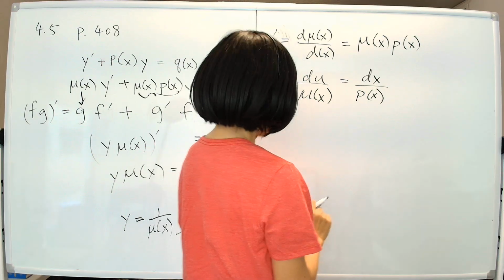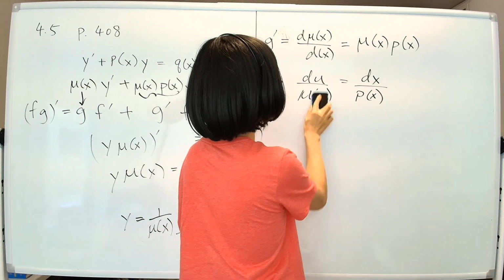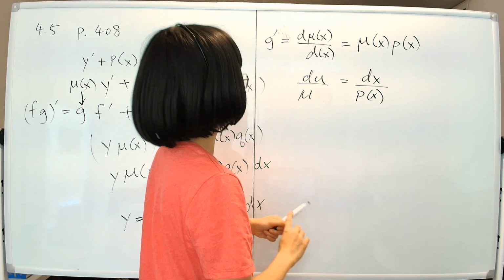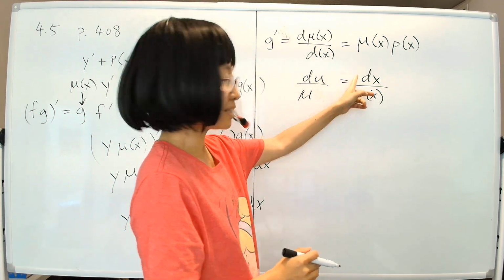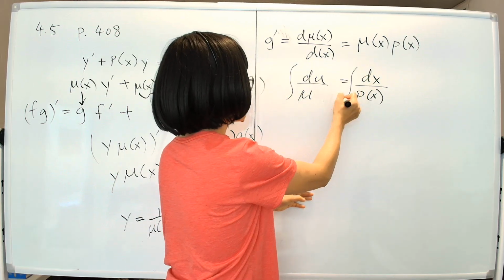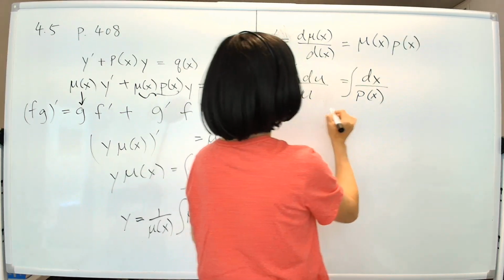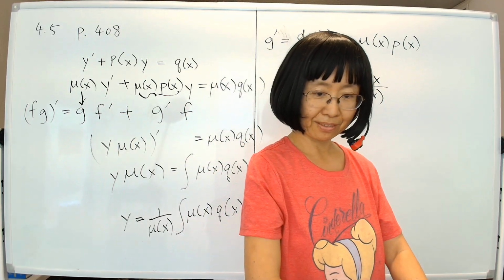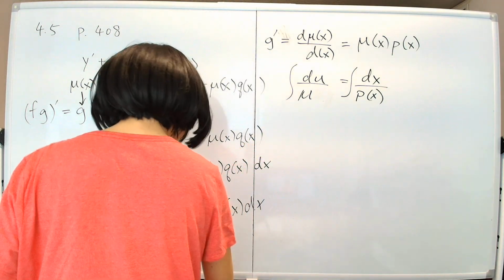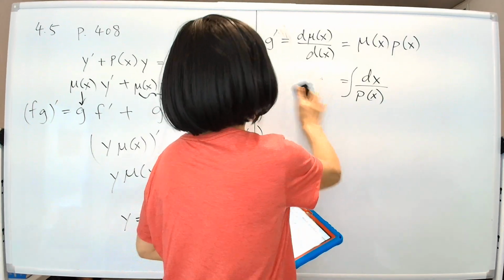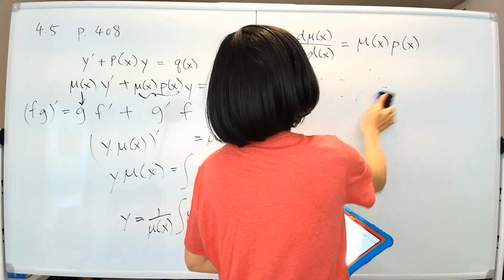No, sorry, we don't need the mu here. So basically d mu over mu equals dx over p of x, and then we integrate. Sorry, we don't even have to do that. Let's write it some other way, like the way your book does.